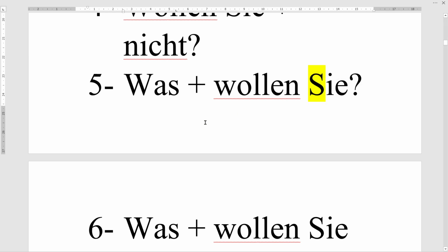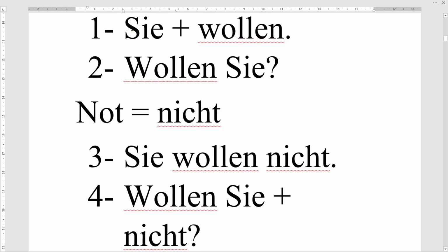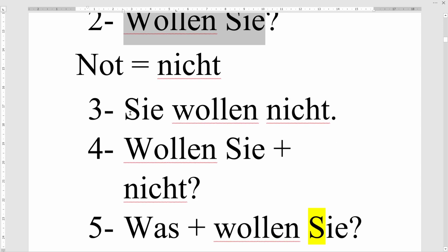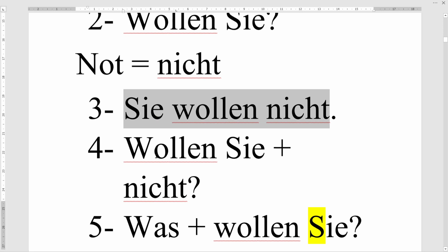Now, we formed 6 sentences in German. So this is a declarative sentence. Sie wollen means you want. This is a declarative question, which is wollen Sie means do you want. Now, this is a declarative negative sentence in German, which is Sie wollen nicht.